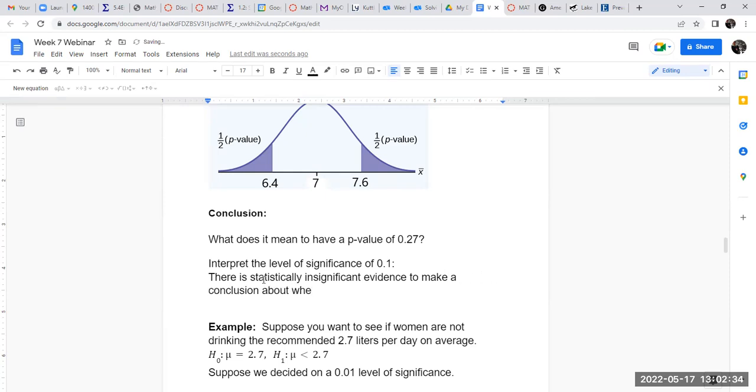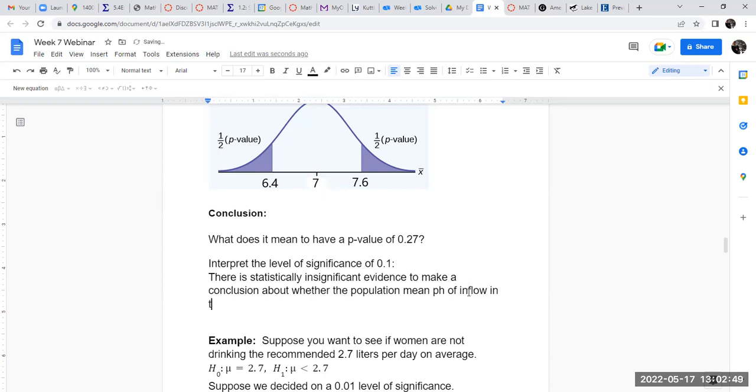about whether the pH, or the population mean pH, of inflow into Lake Tahoe differs from 7.0.